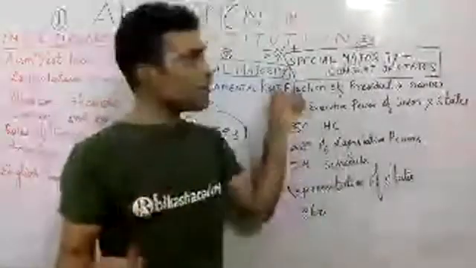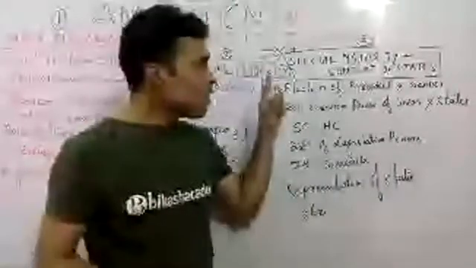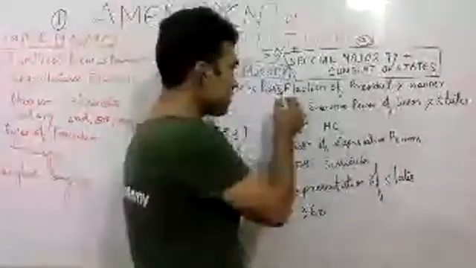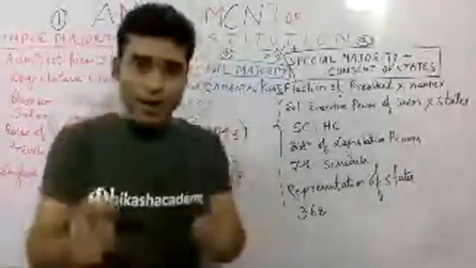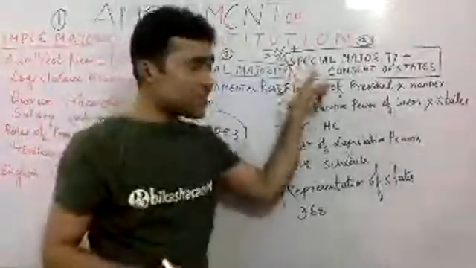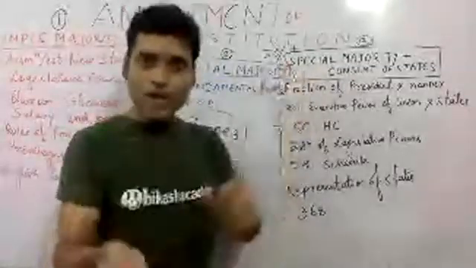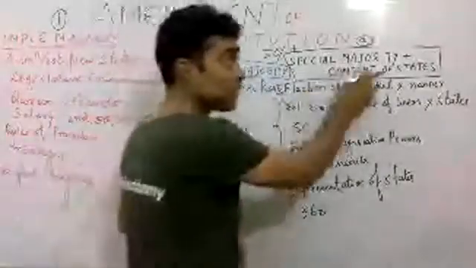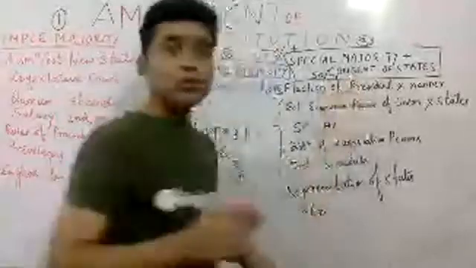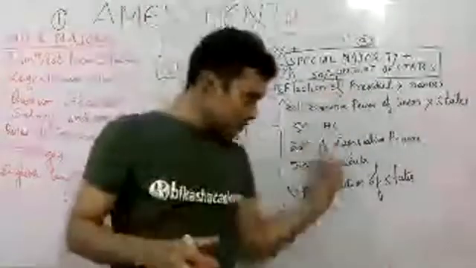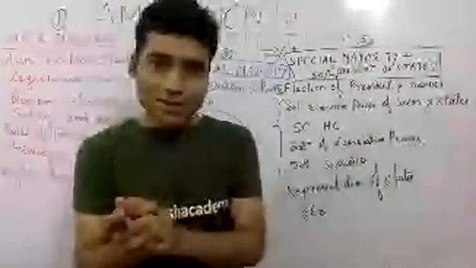These are the provisions, please remember, in which Parliament requires special majority, meaning 50% of present and voting or two-third majority, plus consent of states, and more than 50% of states should pass these proposals by a simple majority.